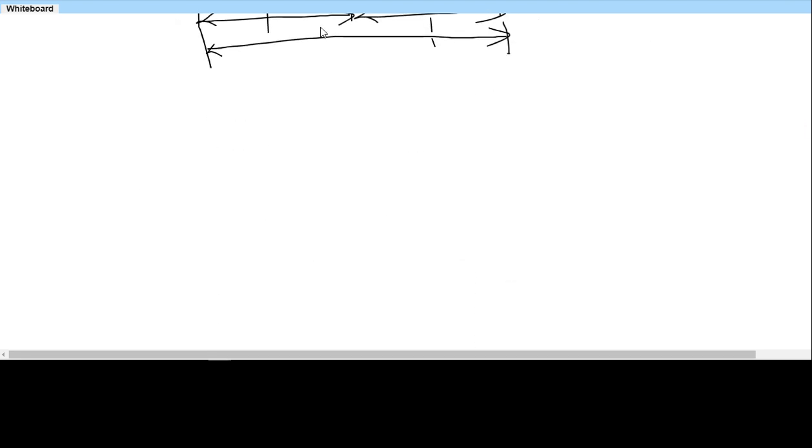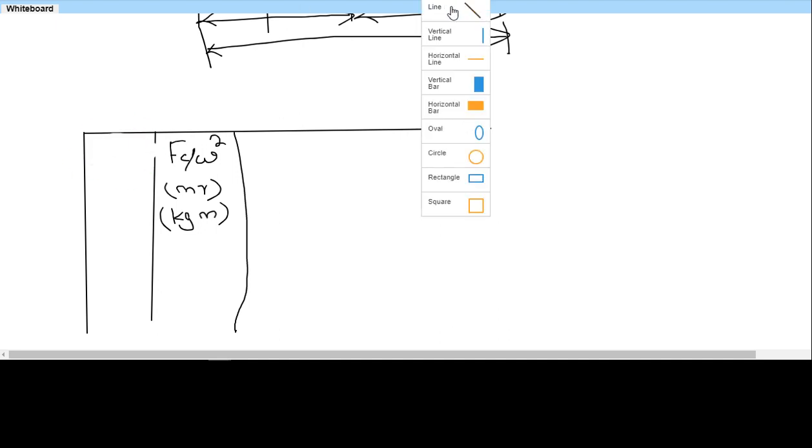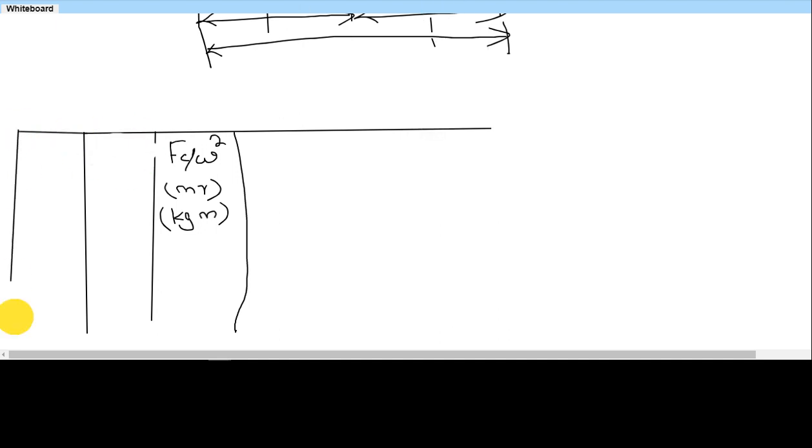And how do you do it? Earlier we constructed a table; let's construct the table again. First column was mass, in kilogram.